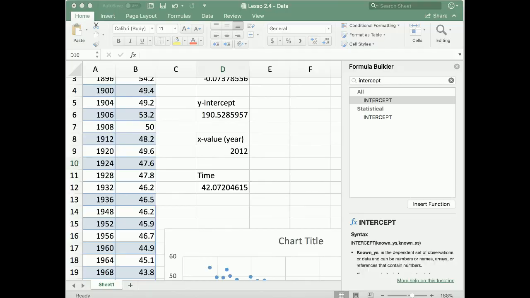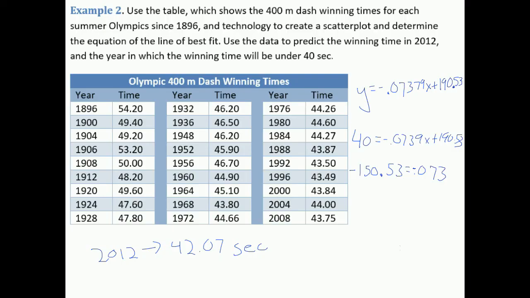I typed that wrong at first; 7379 should be in there. And we'll divide both sides by that.